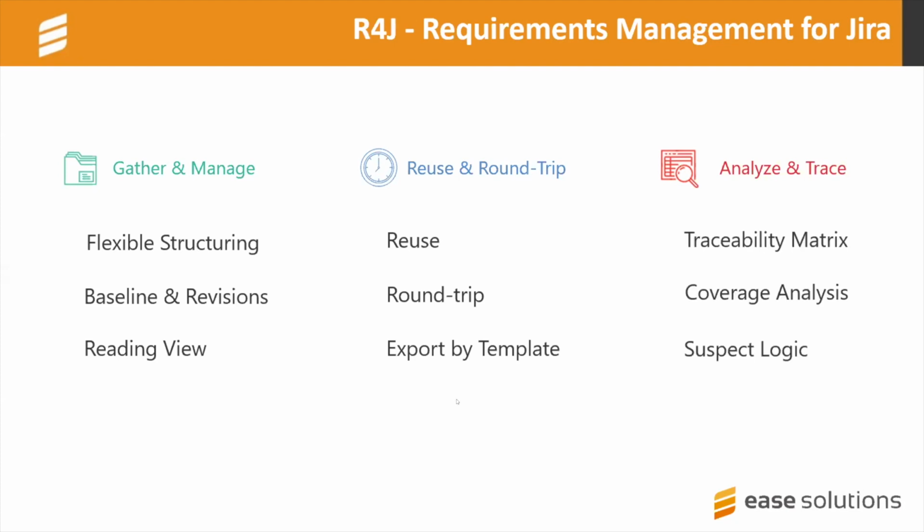What's also important is to have a view into your issues, what depends on what, and how all of them are linked together. It generally relies on Jira issue linking, but in case you need to know more, we have different views created, for example the traceability matrix and the coverage analysis. Both show you, in different ways and at different levels, how all your requirements, specifications and tests are linked to each other.